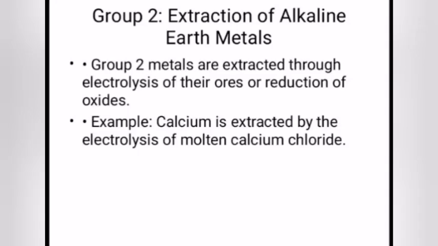So group two elements are usually gotten as pure metals, extracted by either electrolysis of their ore or reduction of their oxides. These are the two major ways of getting these metals in their pure forms.